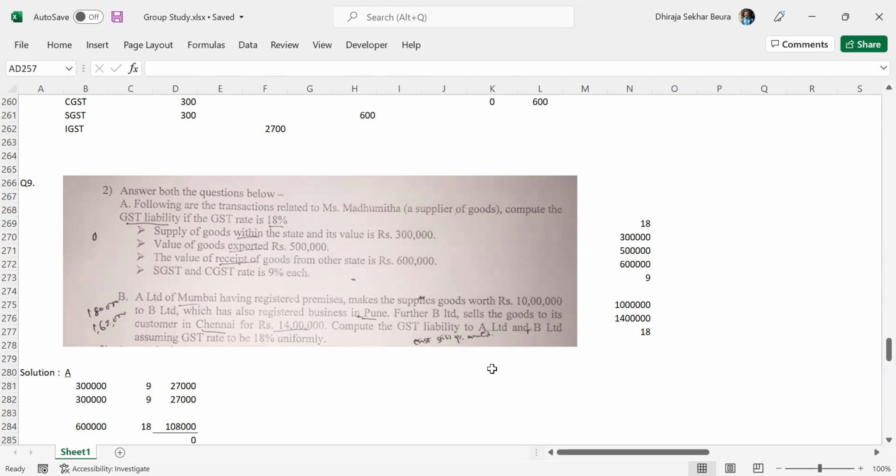Let's read out the question. Following are the transactions related to Ms. Madhumita, supplier of goods. Compute the GST liability. The GST rate is 18%. Supply of goods within the state and its value is 3,300,000. Value of goods exported is 500,000. Can somebody tell me how much should he pay as GST on the export?